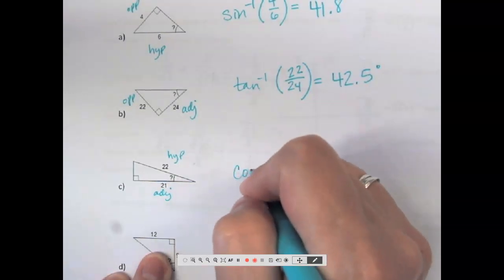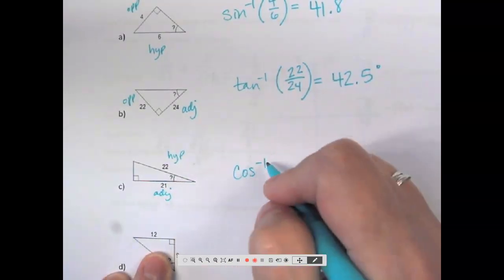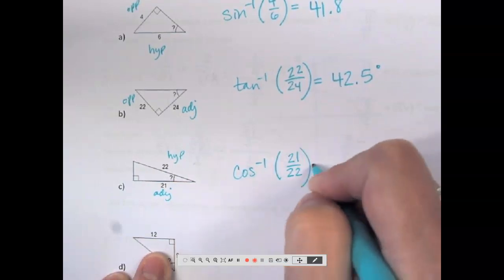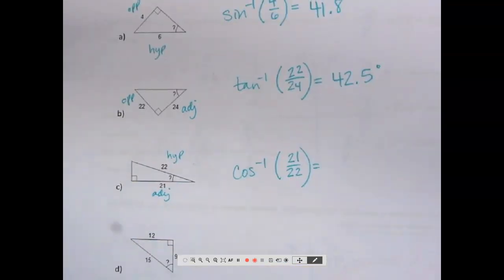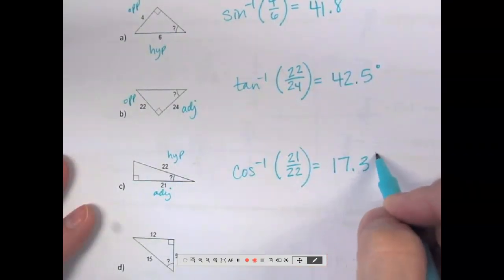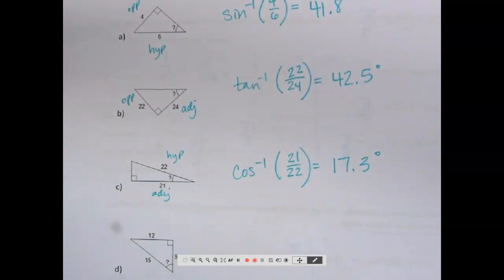So I'm going to say cosine inverse. There is an angle whose cosine is 21 over 22. And let's see what matches up with that. What did you get? 17.3.